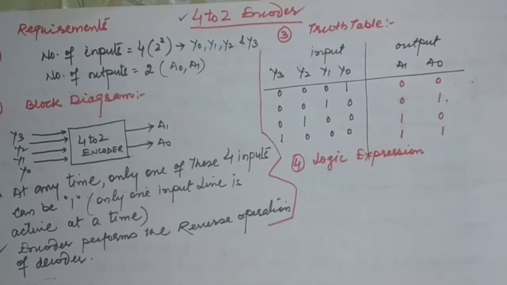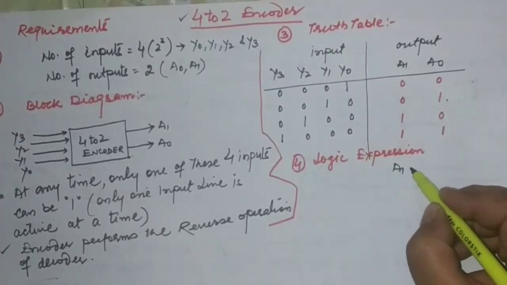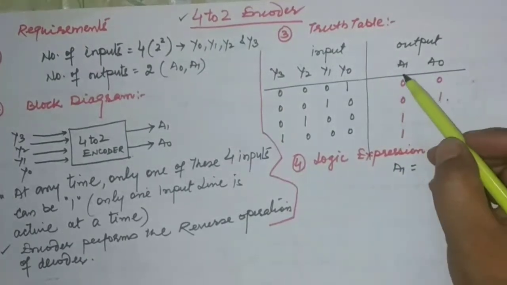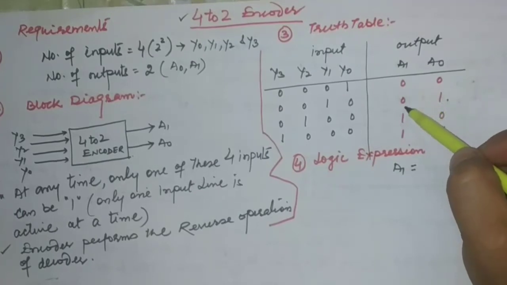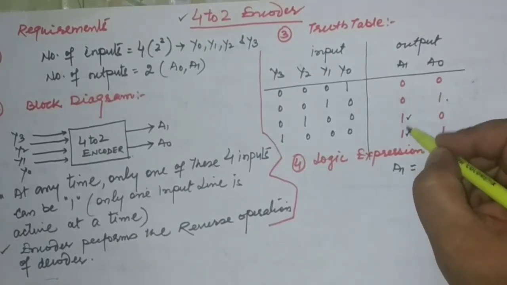So for the logic expressions, because we have two outputs A1 and A0, see A1: the values of 1 are at these two points.